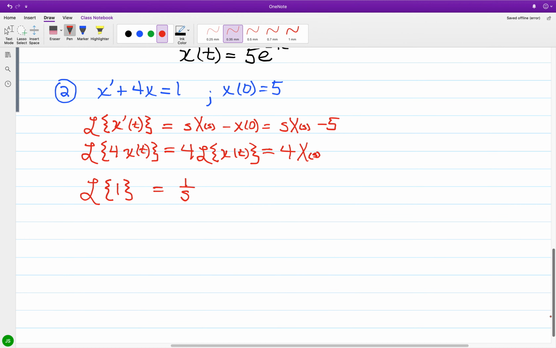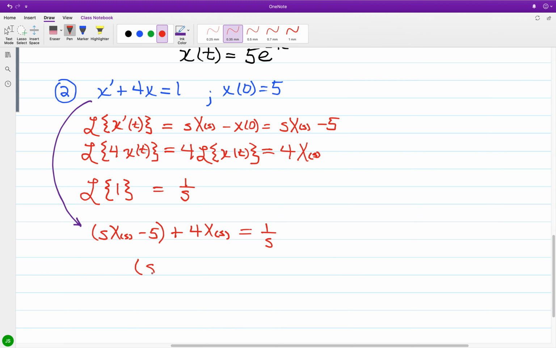So, taking what we have now, much of the history repeats. We have s times the Laplace transform x of s minus 5, plus 4 times the Laplace transform x of s, equal to 1 over s. Now I'm just going to consolidate here.